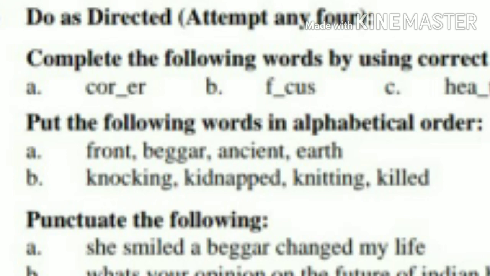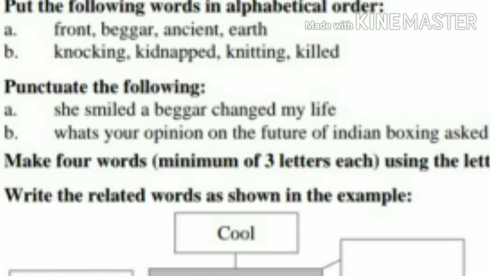Okay. Now the third one of Section 1A is punctuate the following. They will give us two sentences, A and B, without any punctuation marks. What we have to do is put proper punctuation marks as well as capital letters. Is that clear?